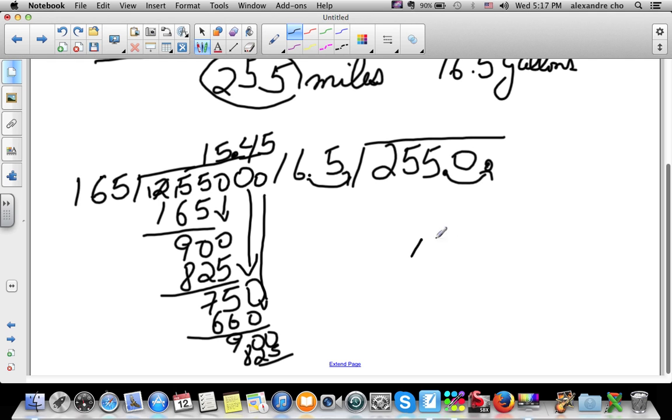To round to the nearest tenth, it is necessary to actually do our division to the hundredths. They ask us to stop in the tenths as far as our answer is concerned, but in order to round it, we need to go 1 over to see if this digit is going to influence this digit at all. And in this case it does. Final answer, 15.5.